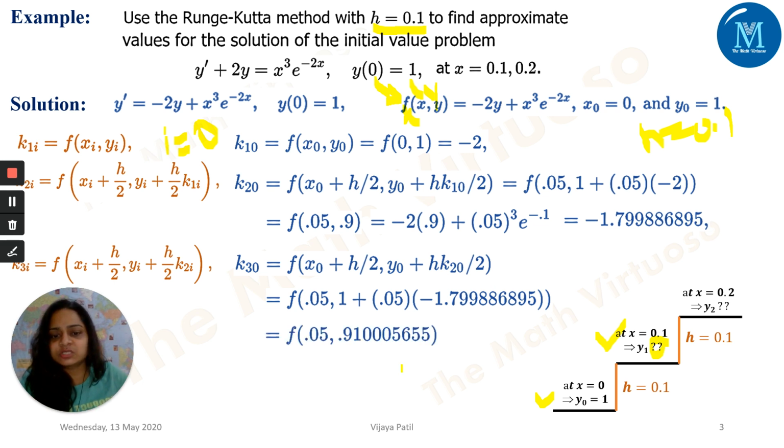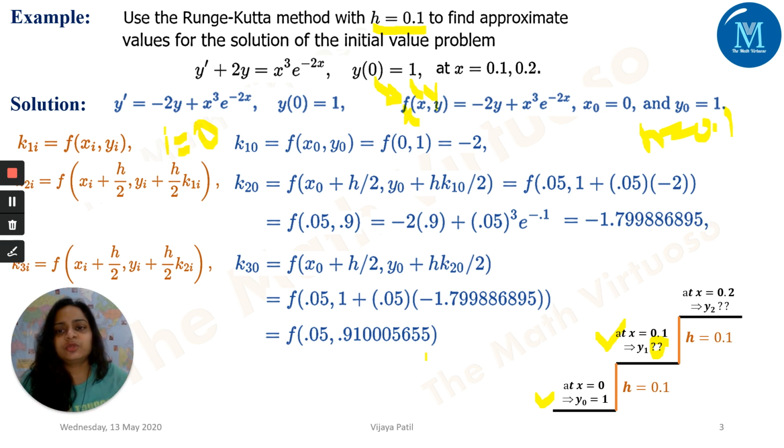After putting these values, we have got f of 0.05 comma 0.9100005655. It's not always required to take all those digits, but for understanding purposes I have kept all the values here.